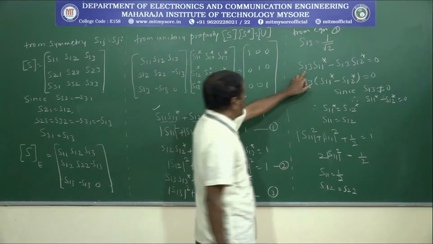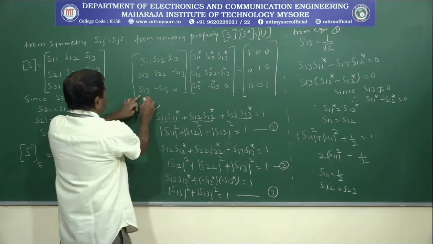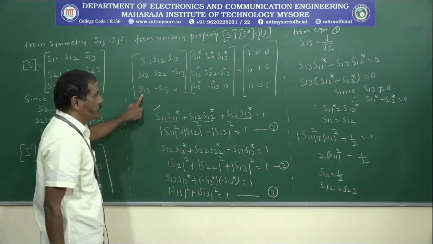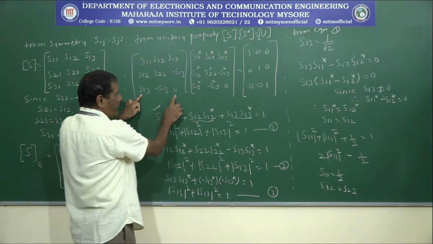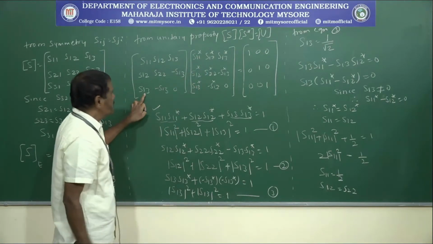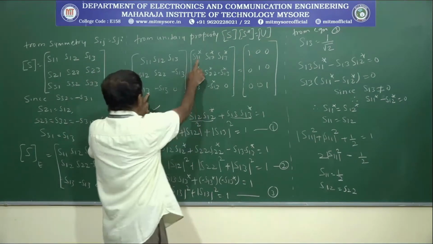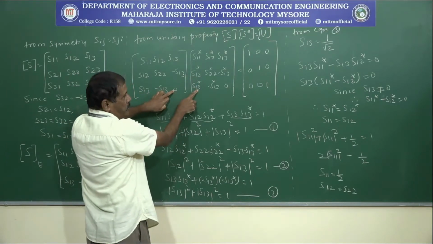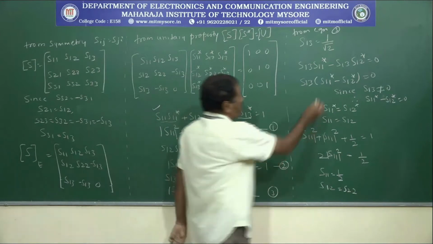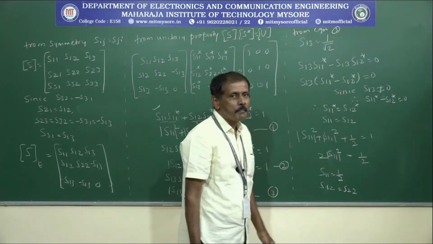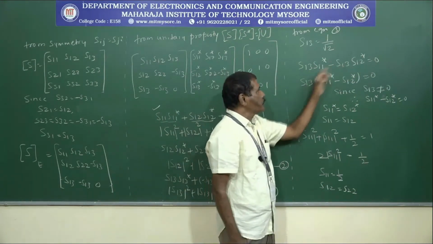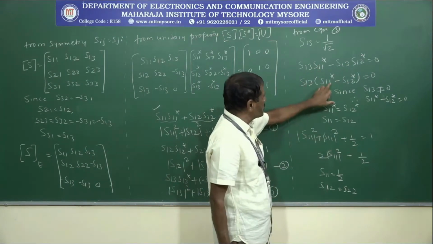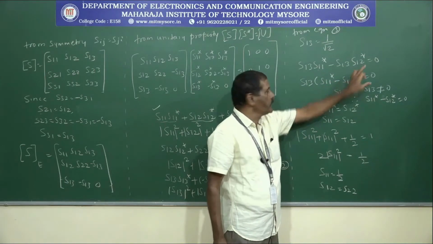Then what you have to do is multiply this row by these columns. This third row and the first column, that is S13 into S11 star minus S13 into S22 star. So 0 into S13 is going to be 0, so this value is equal to 0. Then S13 is common, take S13 outside, then it remains S11 star minus S12 star.